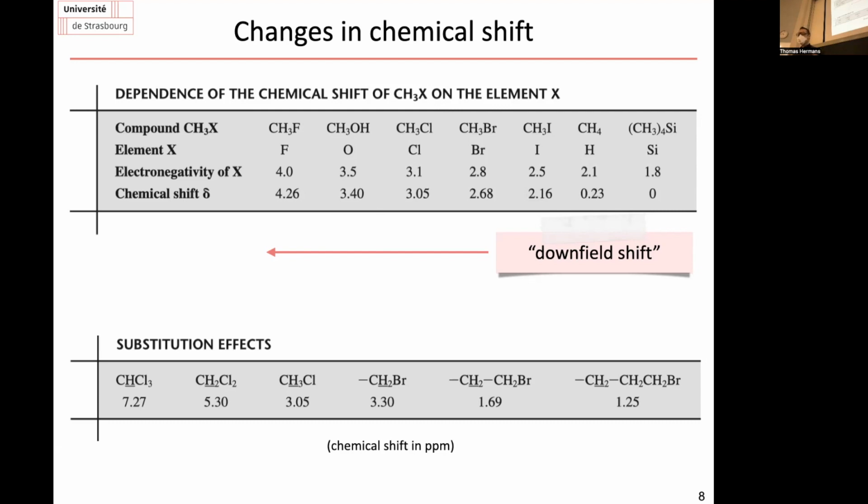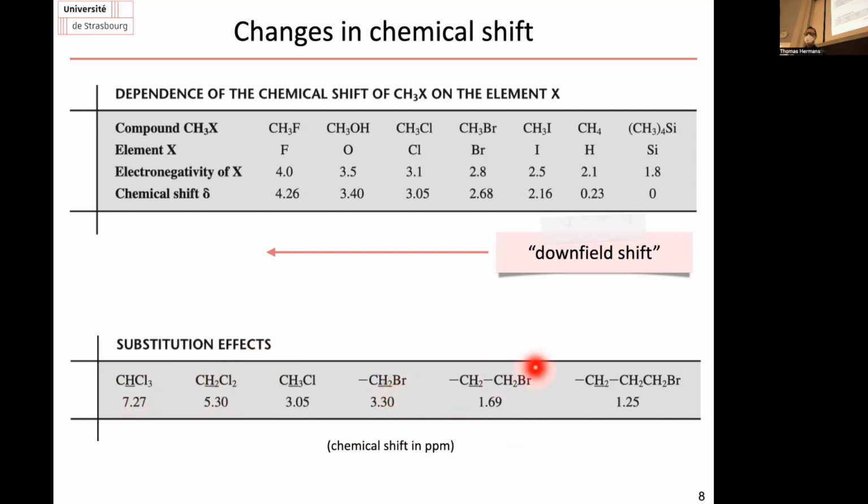Then also the number of these electronegative groups you attach matters. For example, with 1 chlorine, the chemical shift of these hydrogens is 3. If I add 2 chlorines, it already goes to 5. And if I add 3 chlorines, this is chloroform, then you're at 7 ppm. So these effects are additive. If you add several electronegative atoms to a carbon that has a hydrogen, it will shift more.